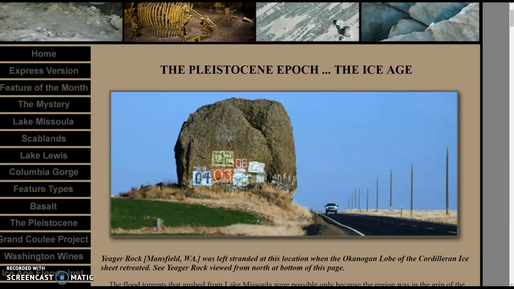Okay, now here's something else about the Ice Age. It dropped what's called erratics. Those are rocks that aren't commonly found in the areas where they're at.